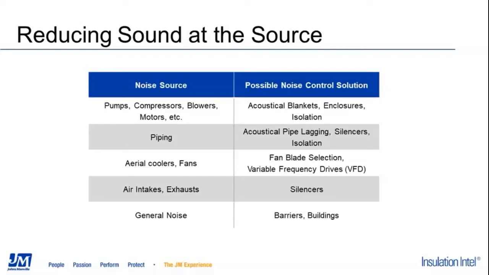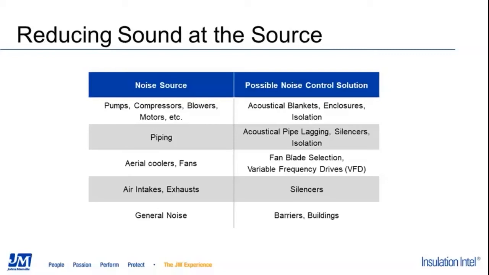Then moving on, looking at things like aerial coolers or fans. A very important aspect here is looking at the fan blade design, which very often will dictate the amount of noise that the fan may generate, and also looking at the drive motor and the frequency at which the fan blades are being driven, because that also can affect the amount of noise developed, and looking at possibly using a variable frequency drive so that you can real-time control the frequency at which the fan is turning.